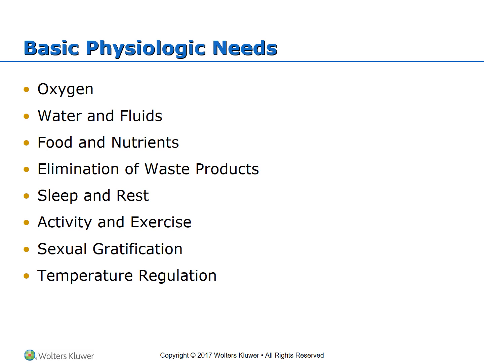So as nurses, we are going to constantly evaluate the oxygenation status of our clients. Remember, for example, in the book, it says emphysema, asthma, paralysis, or secretions may make breathing difficult. So remember that oxygen is our first and foremost need that has to be met.